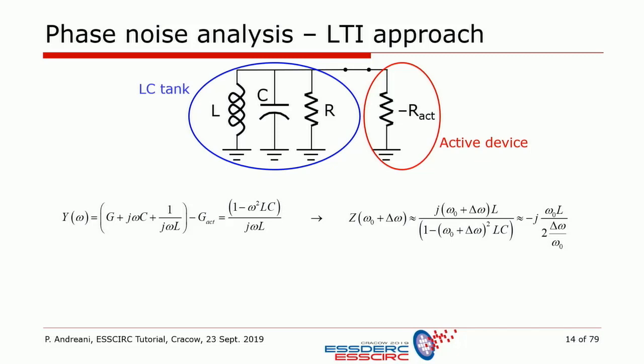Let's say that magically we have managed to implement an R active minus R active, which perfectly cancels the parallel resistance of the tank R. So we are just left with L and C, and we want to look at the impedance of this parallel combination, not at omega 0, because there we know it's infinite, but at an offset frequency delta omega.